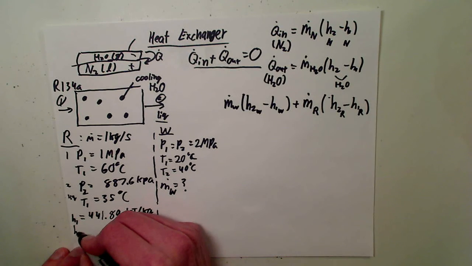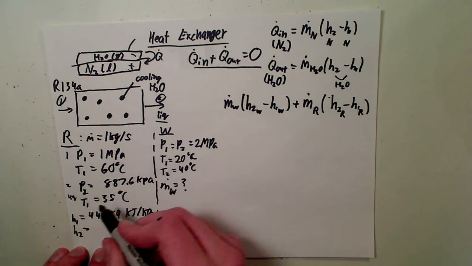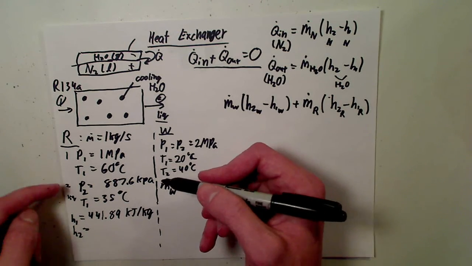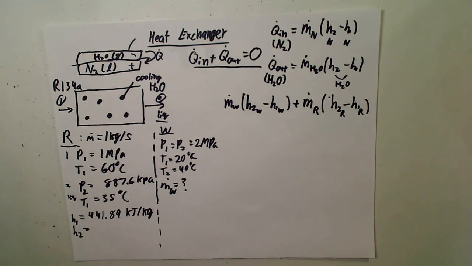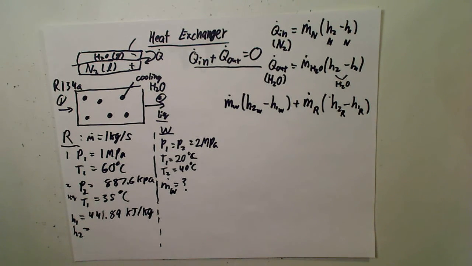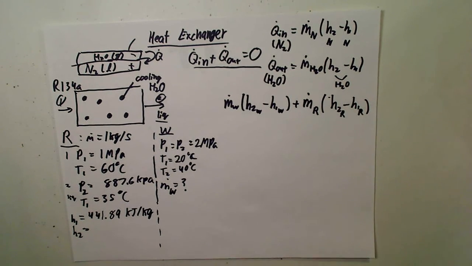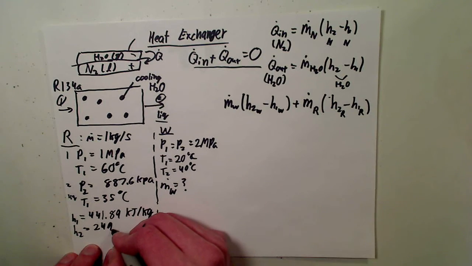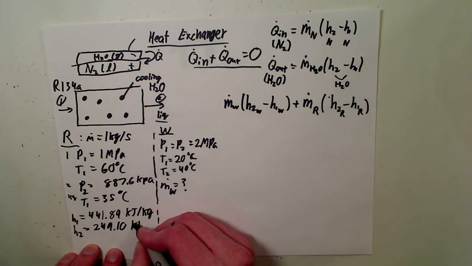And we know that H2 is a liquid, and at this state of pressure and temperature, it's somewhere along the saturation line. So we know that since we know it's liquid, we just take the liquid value from the table, which is 249.10 kilojoules per kilogram.